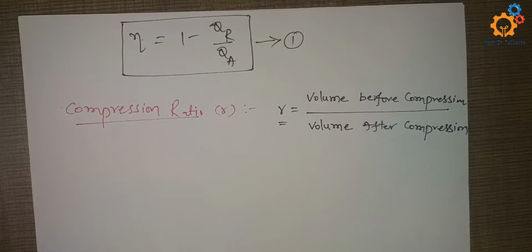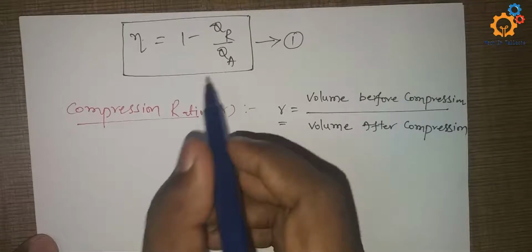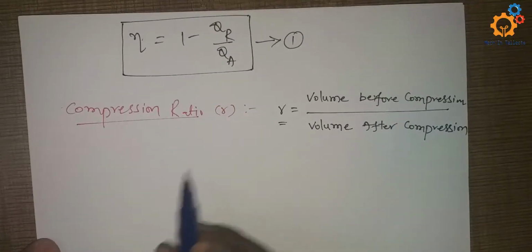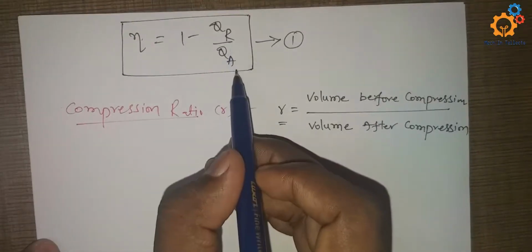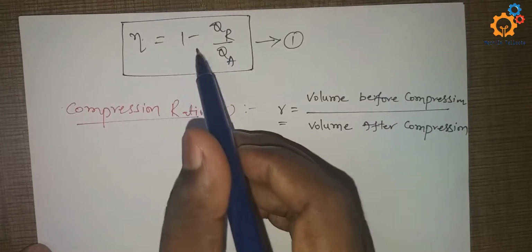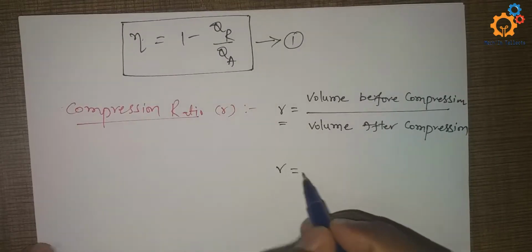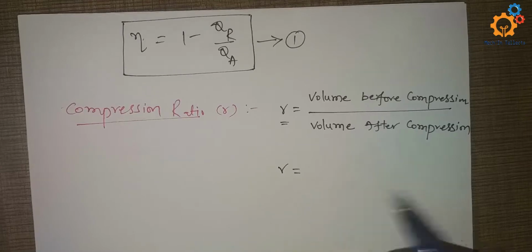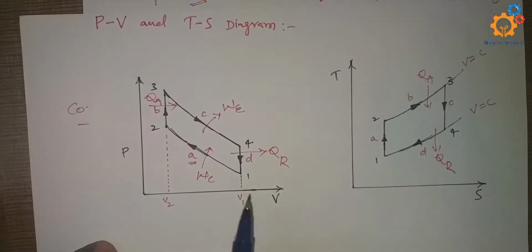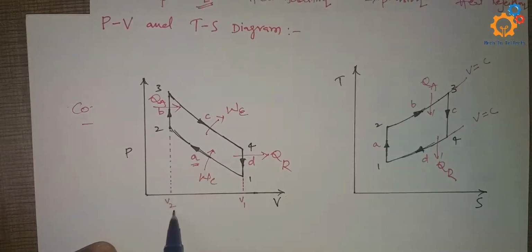Okay, and now I will continue to derive efficiency formula here. If I know heat rejection QR and heat addition QA, then I will find out this efficiency. Here R can be written as, here see in the figure, what is volume before compression? This is compression process. So before compression volume is V1 and then after compression volume is V2.